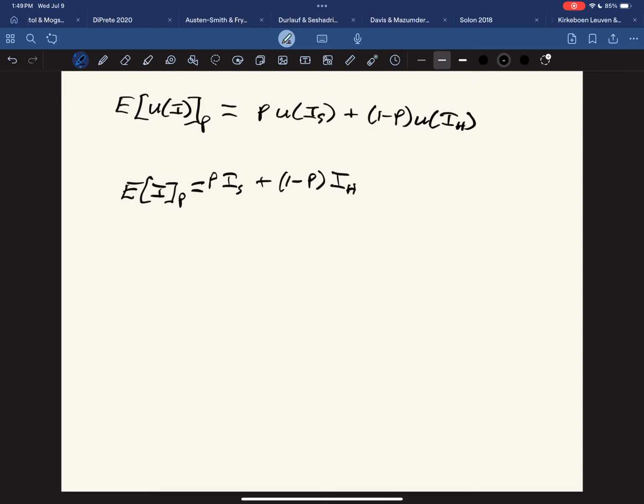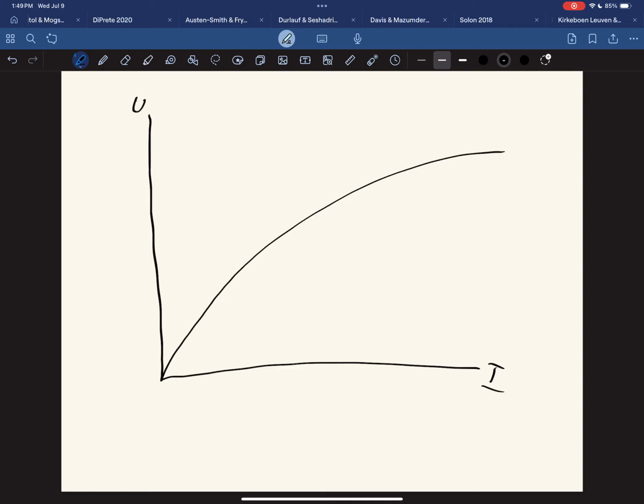So let's graph this for a moment. We have U on one axis and I on the other, and we have our decreasing marginal returns to income here. Let's make it a little more dramatic. Good enough.